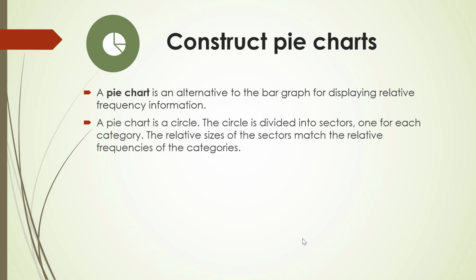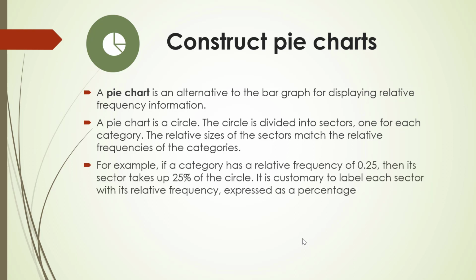A pie chart is a circle. The circle is divided into sections, one for each category. The relative size of the sections matches the relative frequencies of the categories. For example, if a category has a relative frequency of 0.25, then its section takes up 25% of the circle. It is customary to label each sector with its relative frequency expressed as a percentage.